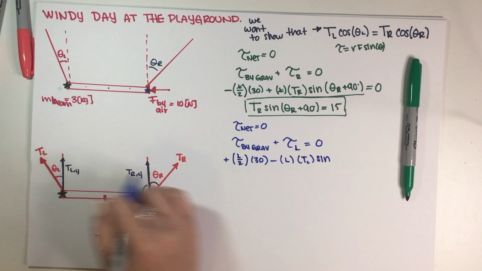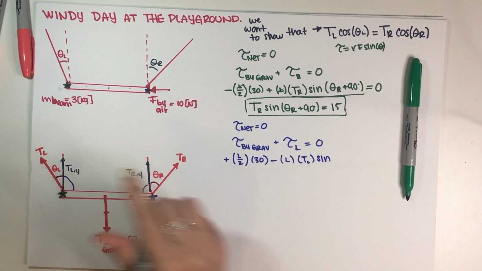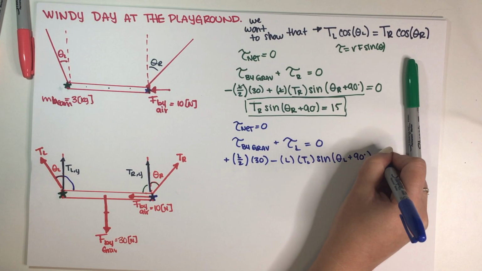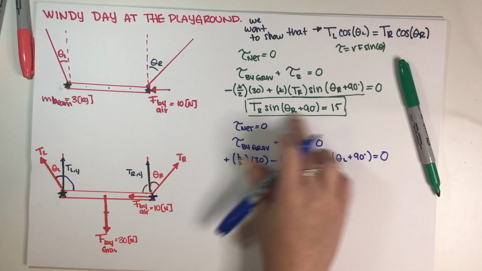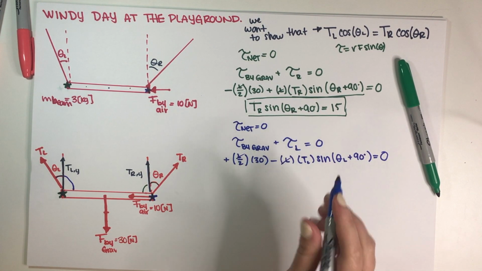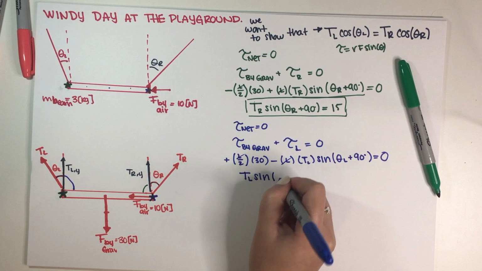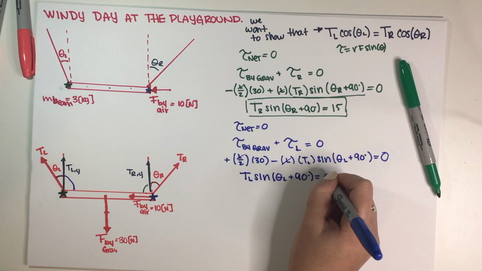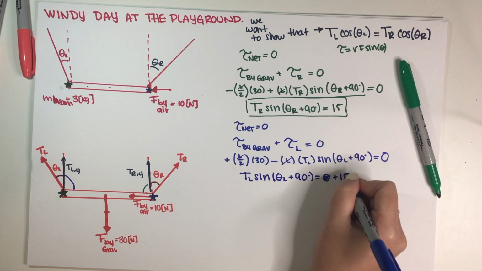Remember, it has to be the angle between the r vector and this vector, so it has to be this whole angle, which would be this angle plus 90 degrees, is equal to 0. And if I solve in a similar manner that I solved for this one, meaning if I solve for just this part right here, the L's cancel out, that is TL sine of this angle plus 90 degrees is equal to positive 15.